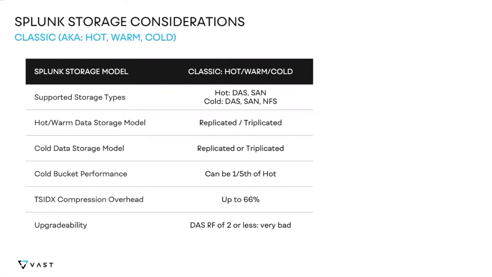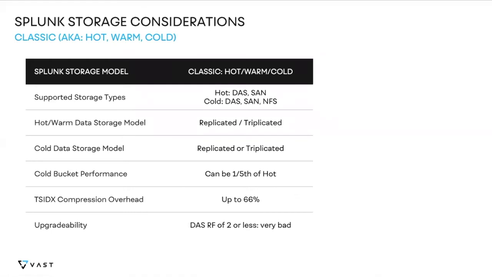Cold bucket performance is typically pretty low, so users don't have a very solid expectation of cold performance in these cases. And we understand from other vendors that PSIDX compression can implement a significant amount of overhead for long range or rare searches in terms of performance.